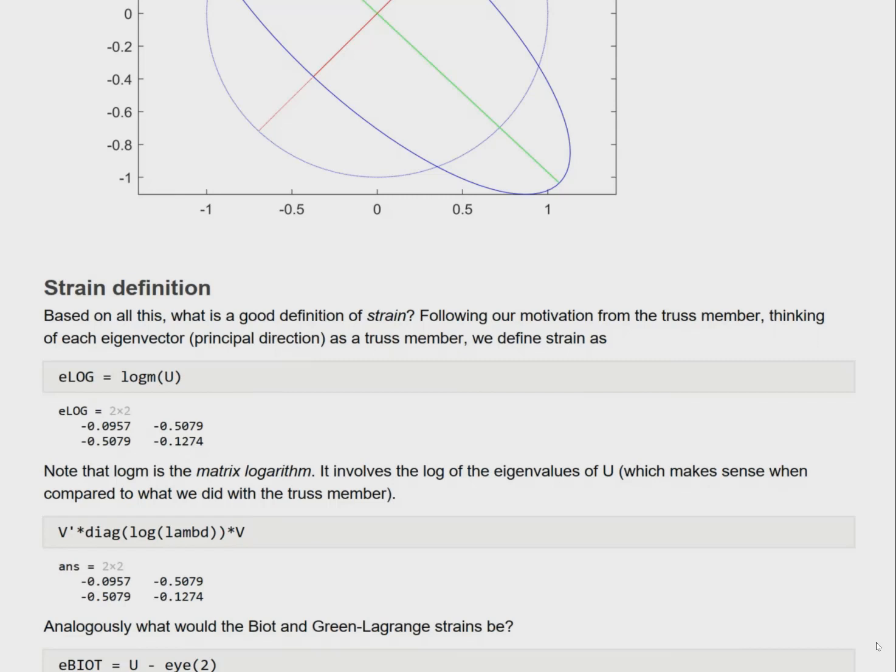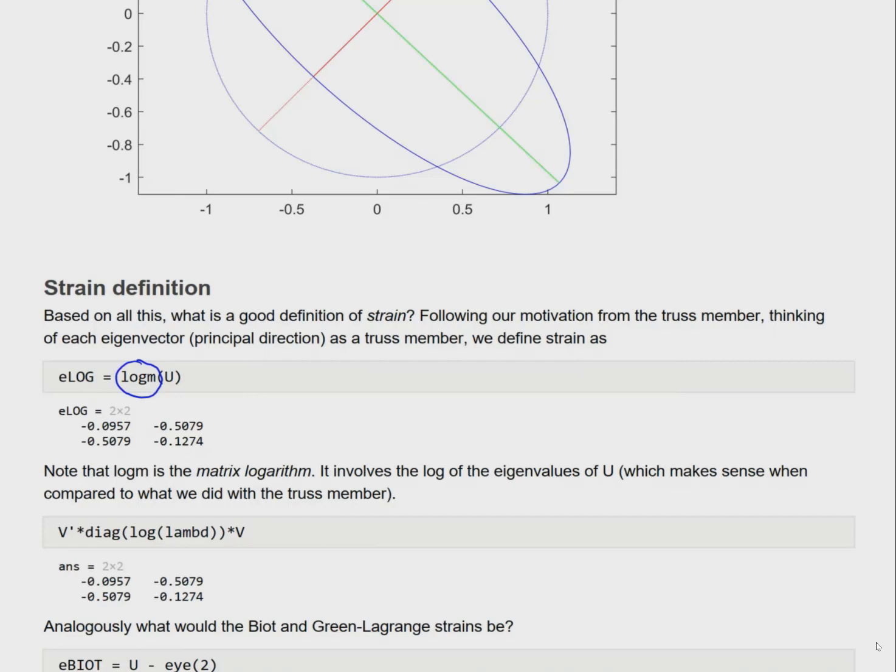And all we're taking is the stretch part and doing the matrix logarithm of it. Again, we're using the matrix logarithm function. Notice that it's not the log function in MATLAB, but it's the logm function, the matrix logarithm.